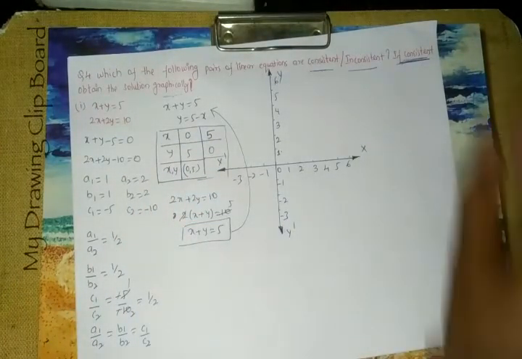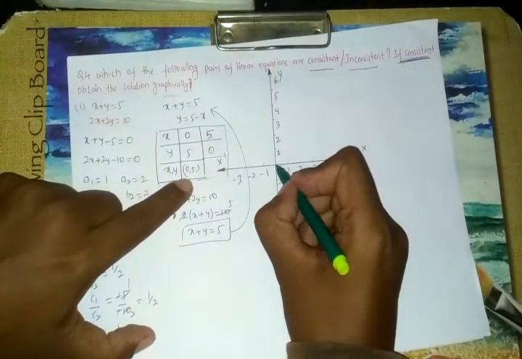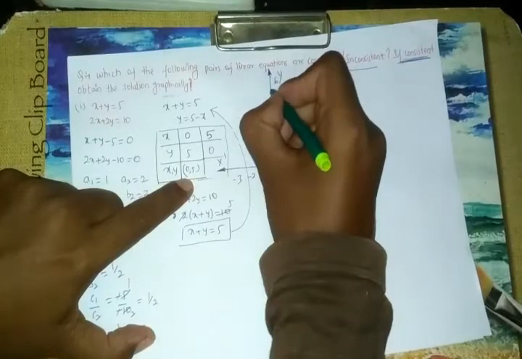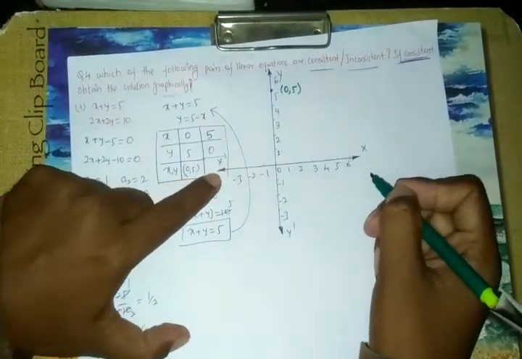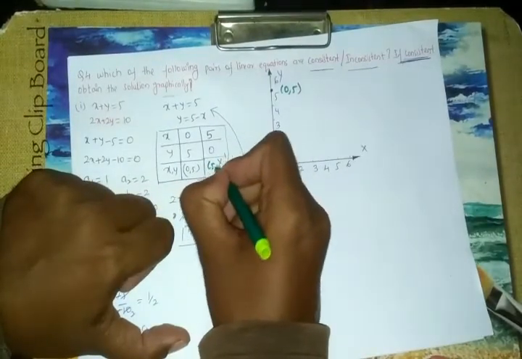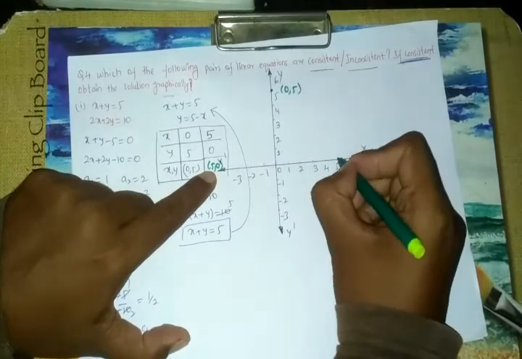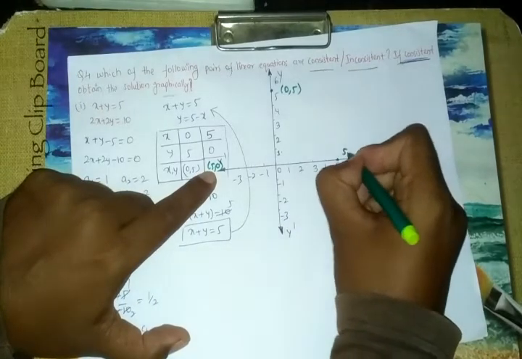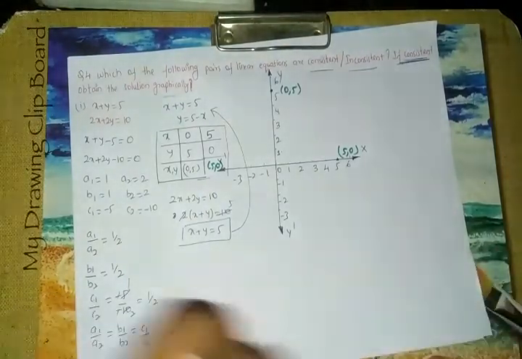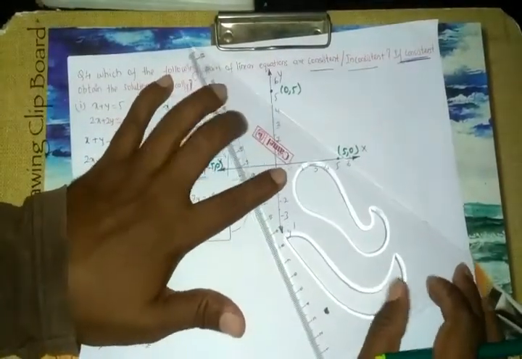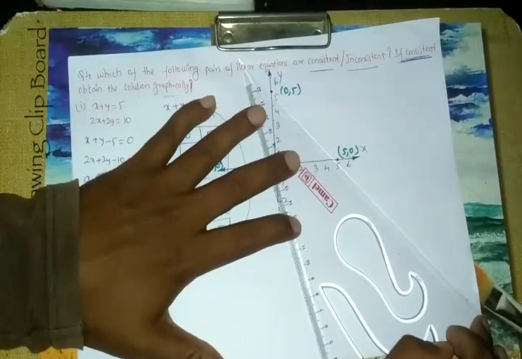So let us try to plot it. When x is 0, y is 5, one point is 0 comma 5, and when x is 5, y is 0, so this is 5 comma 0. Let us join these two points with a straight line.